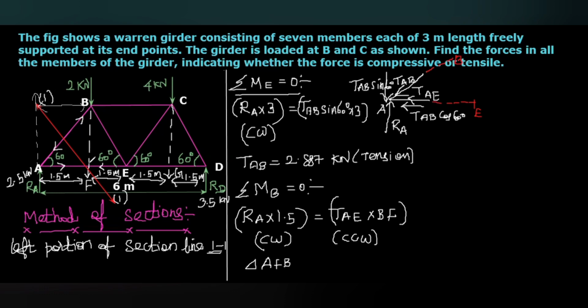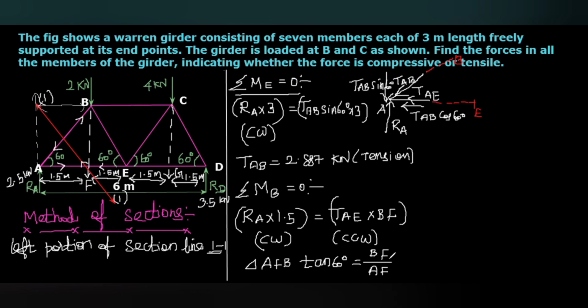This is 90 degree, so opposite to this, side AB will be the hypotenuse. For this angle, BF will be the opposite side and AF will be the adjacent side. So it is better to use tan 60 degree, that equals the opposite side BF divided by AF.